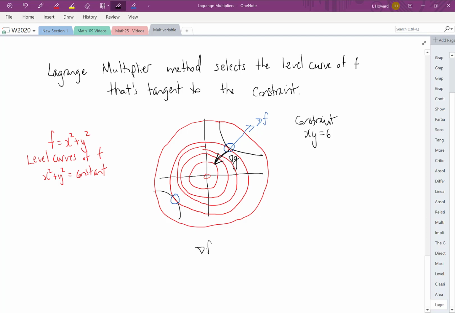So we're saying the gradient of f must be equal to some multiple of the gradient of g. By writing down this equation, you're capturing the fact that the gradients are parallel, and that's capturing the fact that the level curve of f is tangent to the constraint at that point, and that's capturing the fact that you've maximized or minimized your function.